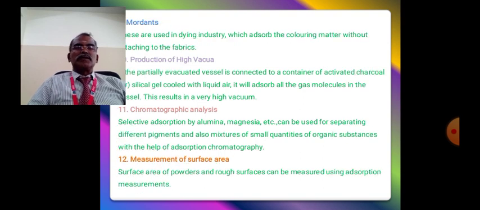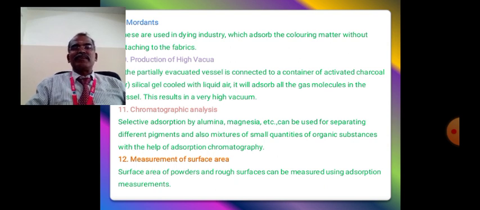And mordants. Nowadays, adsorption is used in the dyeing industry. In the dyeing industry, mordants are adsorbed without affecting the fabrics, by adsorption techniques. And next, production of high vacuum. For the production of high vacuum, activated charcoal and silica gel are used.